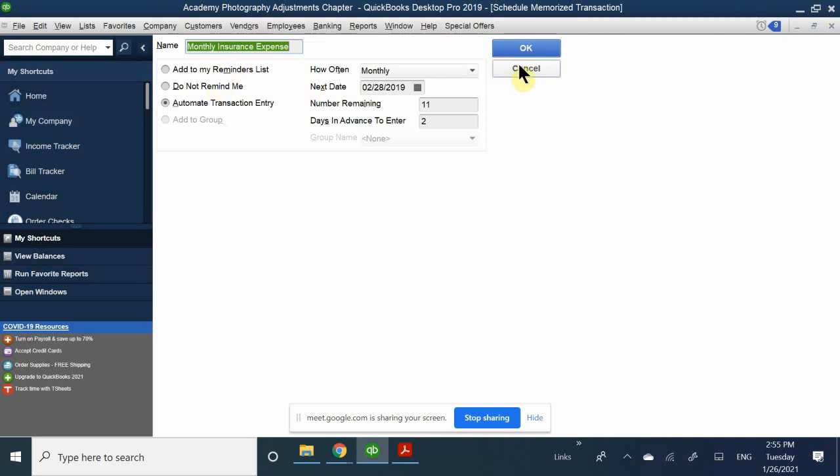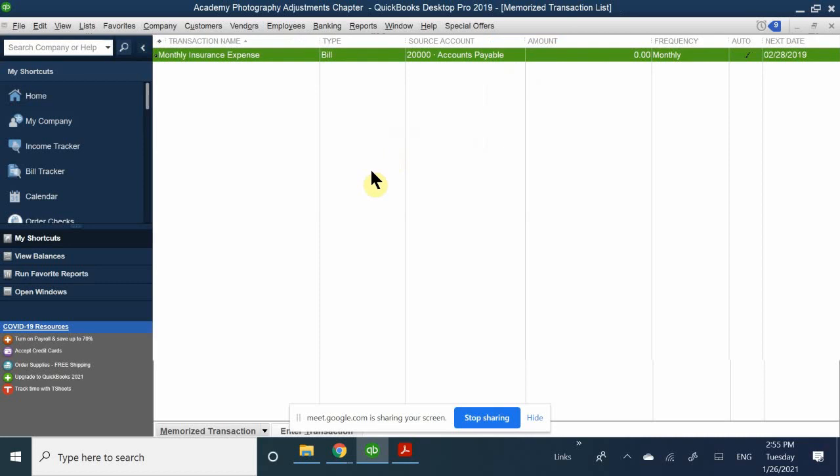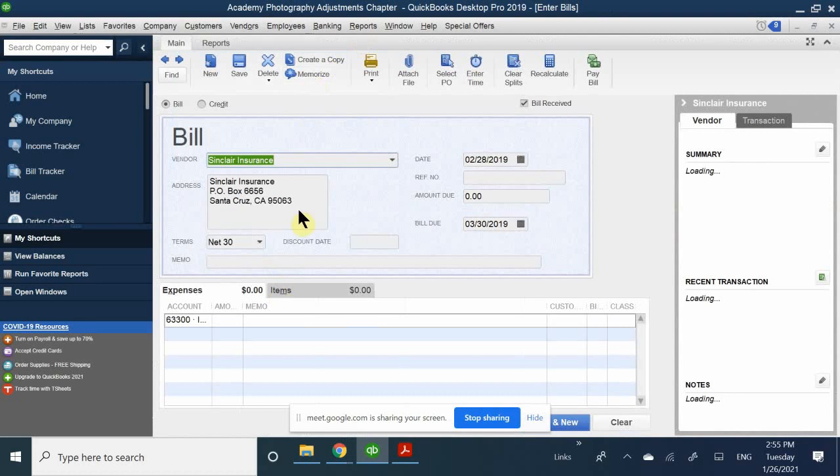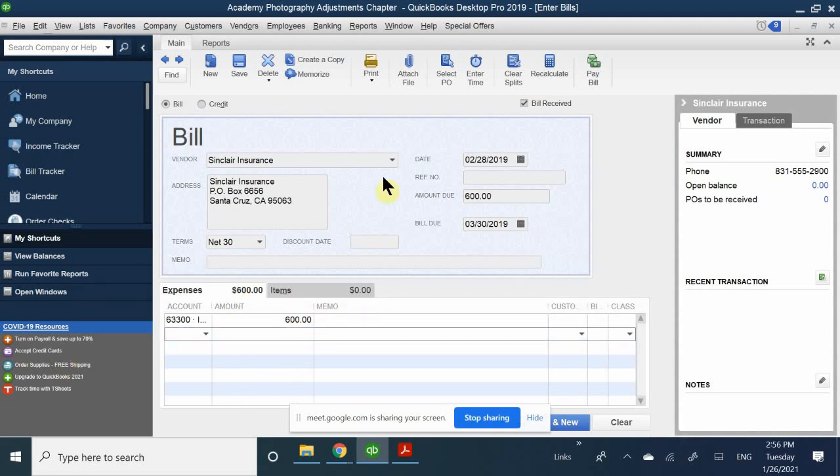So if you happen to make a mistake, or I forgot to add the class, then what I have to do is actually open up the bill itself and say, let's say my amount here was $600 for insurance every month. That's expensive, by the way.